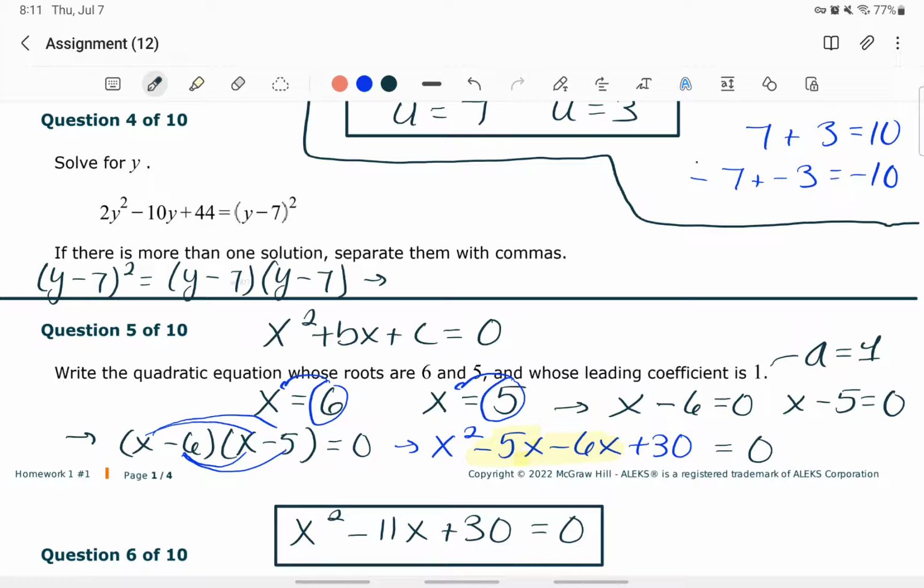And when we distribute, that's going to be y squared minus 7y minus 7y, and that's going to be plus 49. So we have y squared minus 14y plus 49.